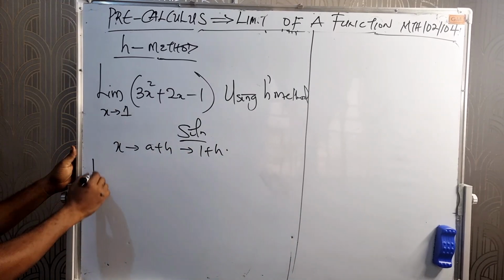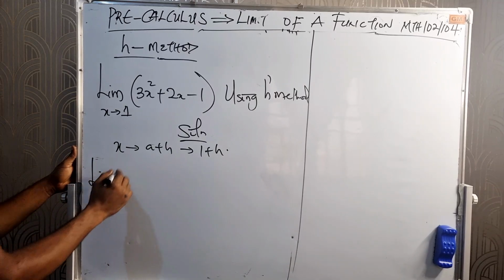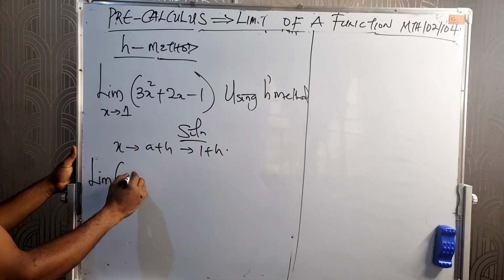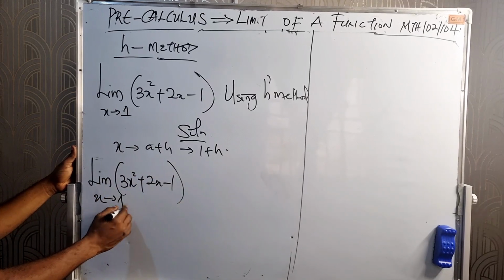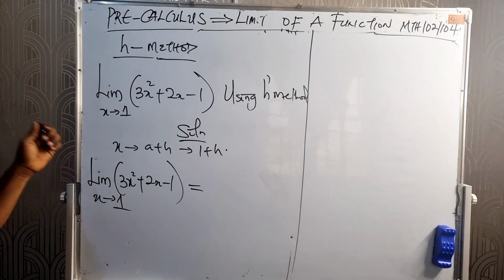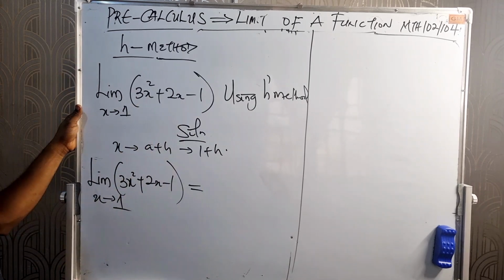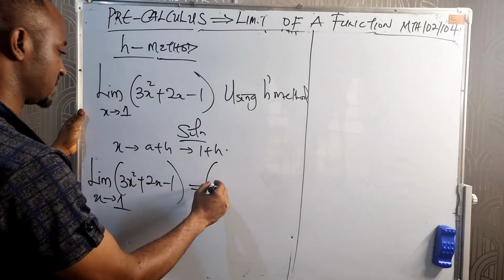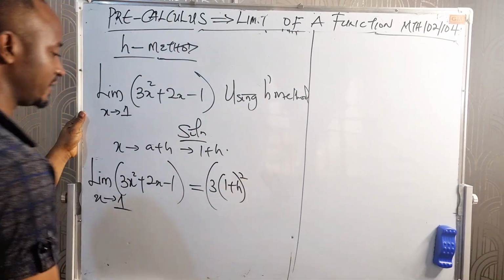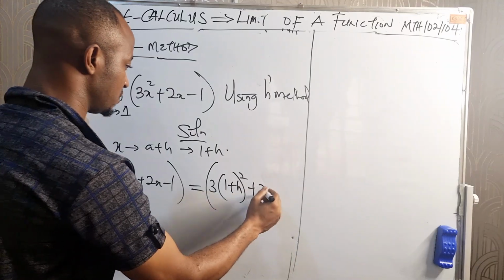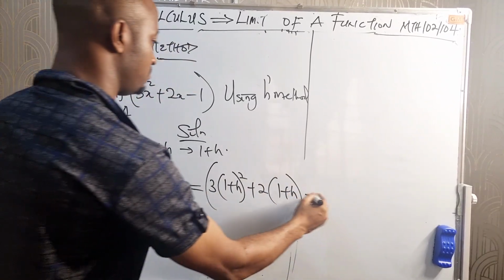So that means here we have our limit of 3x squared plus 2x minus 1 as x approaches 1 becomes, on this side, anywhere we see x, we put 1 plus h. So that will give us 3 times 1 plus h all squared plus 2 times 1 plus h minus 1, right?